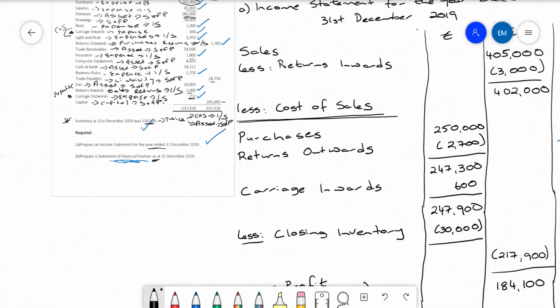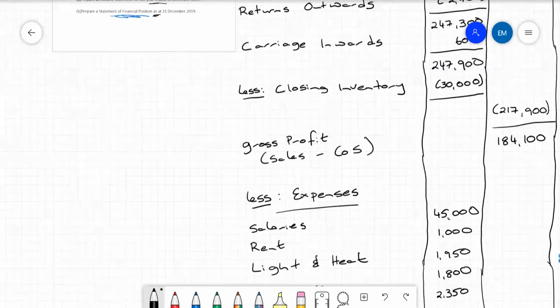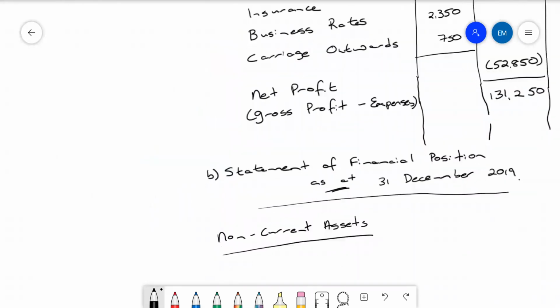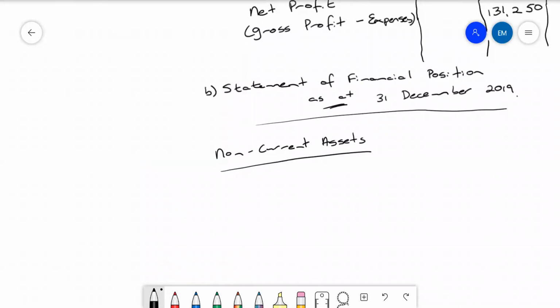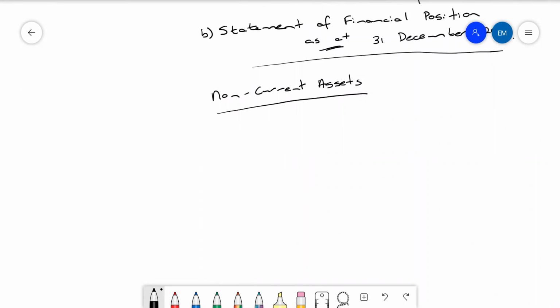So what would we classify as a non-current asset? We would classify the premises of 180,000. We would classify the computer equipment of 4,600 and also the van, 20,000. Because we use those to help generate business. So the likes of fixtures and fittings, premises, land and buildings, they would all be examples of non-current assets. So again, I'm going to split this into two columns.